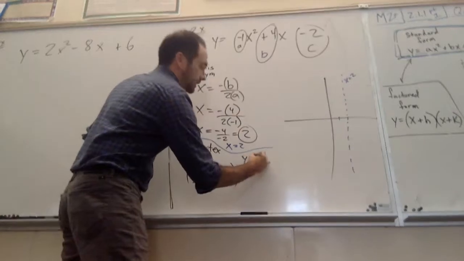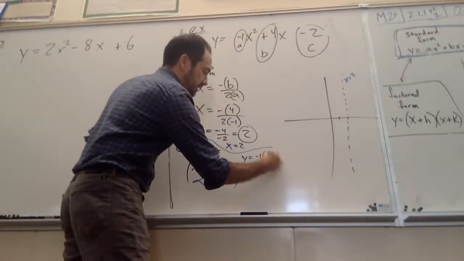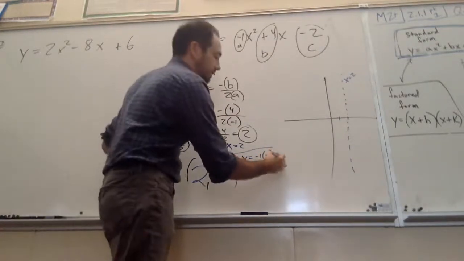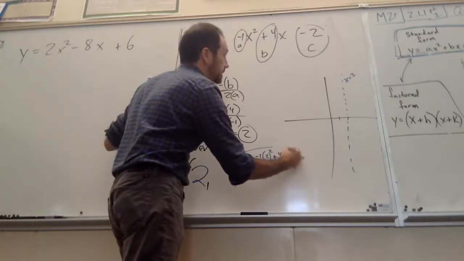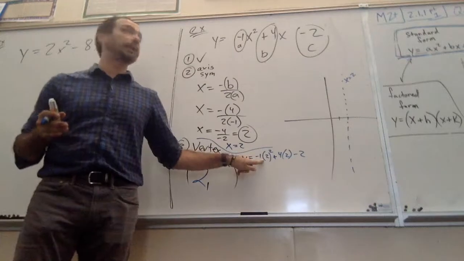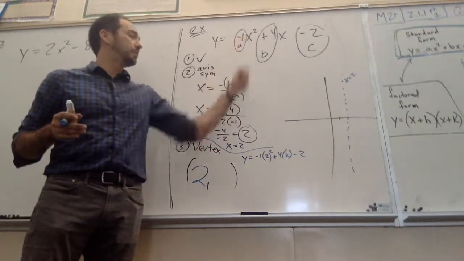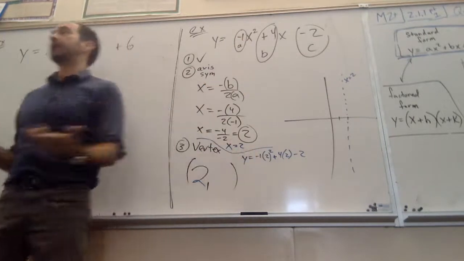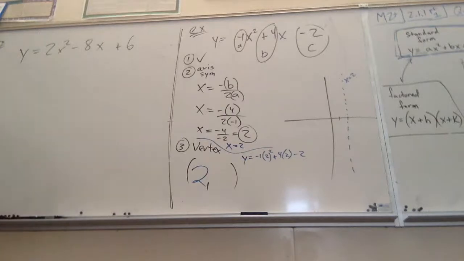Y is equal to negative 1 parentheses 2 squared, it's not the negative 2 squared, plus 4 times 2 minus 2. You see right here, put parentheses. Otherwise, you might misunderstand it as negative 2 squared, which is not correct.